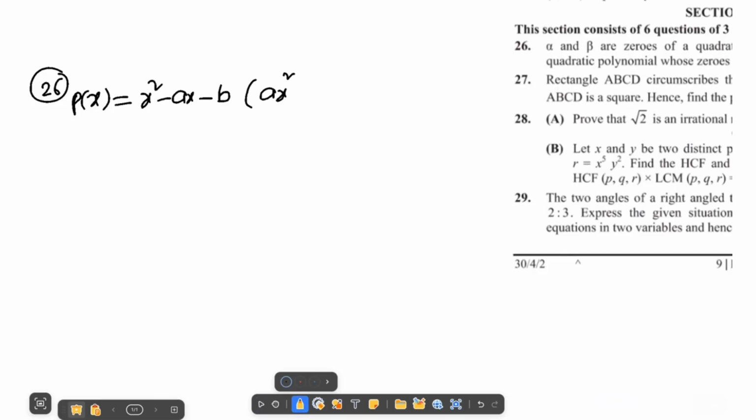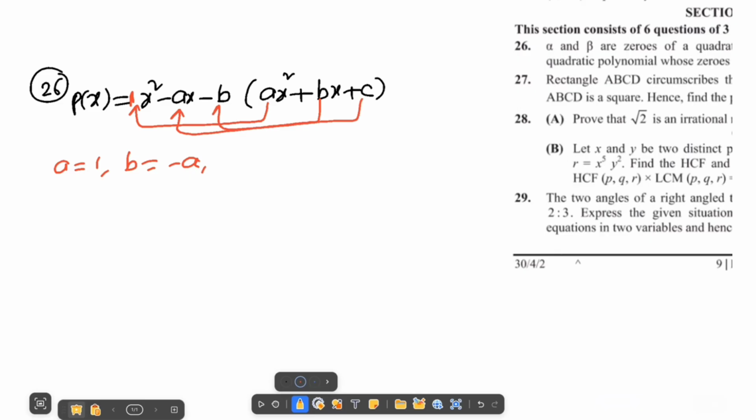With x as the variable, ax square plus bx plus c. If you compare, what do we get? Coefficient of x square here is 1, so here a value is 1. And coefficient of x is minus a, so b is equal to minus a. And the constant term here is minus b, so c is equal to minus b.